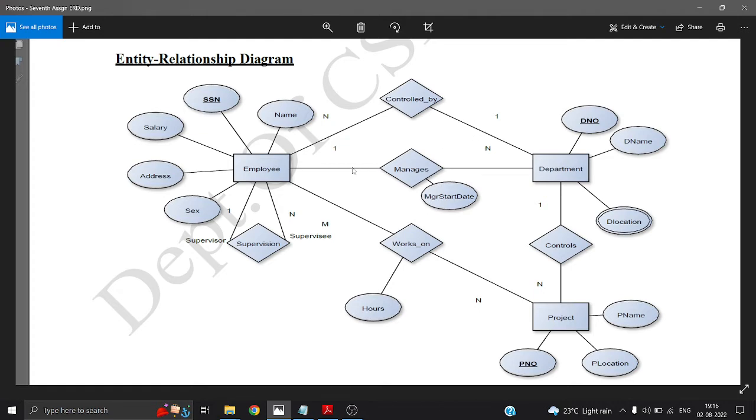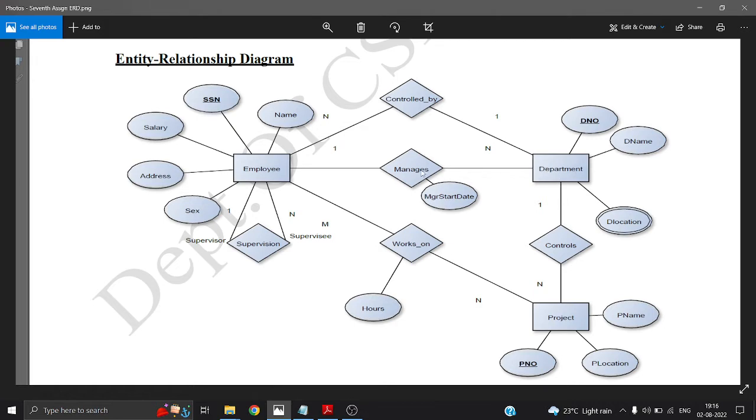Next information is about managers. One employee manages one department, or one employee manages more than one department also. But from the department side, one department is managed by only one employee.